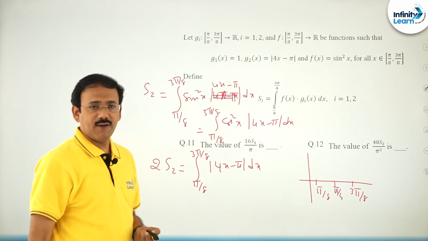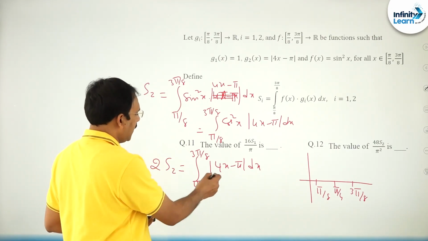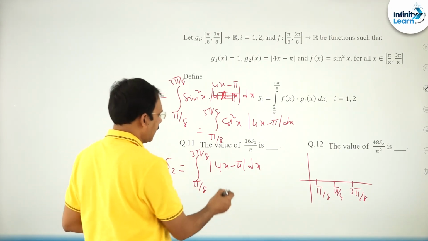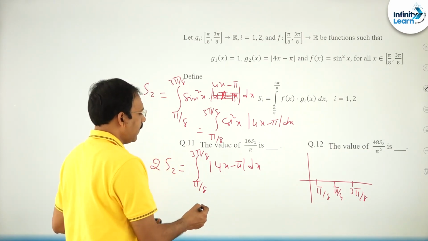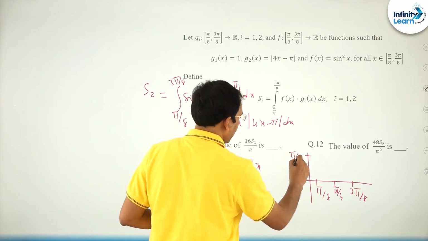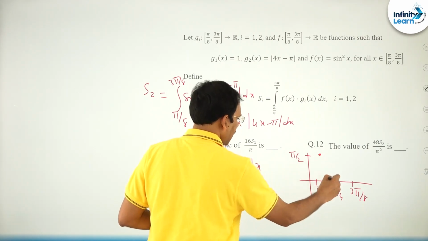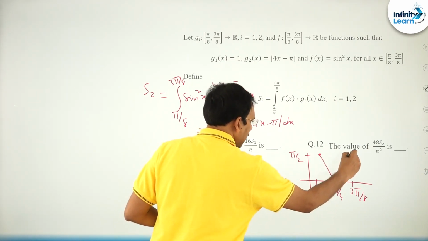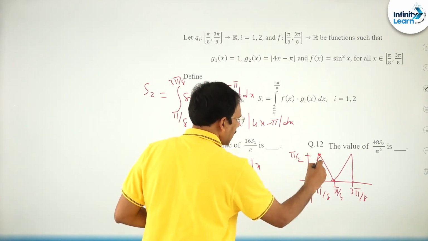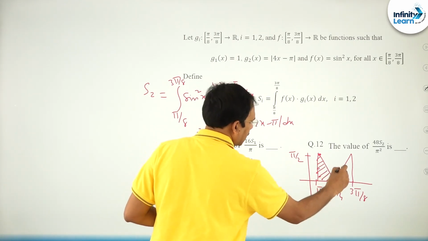You just see the graph: at pi by 8, the graph of mod 4x minus pi becomes pi by 2. So at pi by 4 it is 0. You just require this area, which is completely above the x axis.